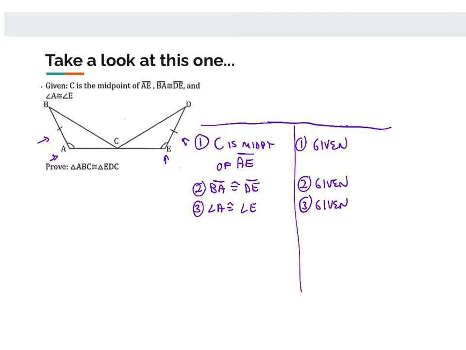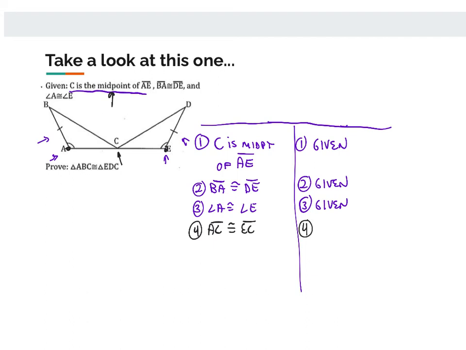Now let's look around and see what else I can get. I'm looking at the very first given statement, that C is the midpoint of AE. And I'm remembering back to that previous one: what does it mean to be a midpoint? Midpoint means it's exactly in the middle. So based on that, C is a midpoint of this segment, A to E. What I can say then is AC is congruent to EC.